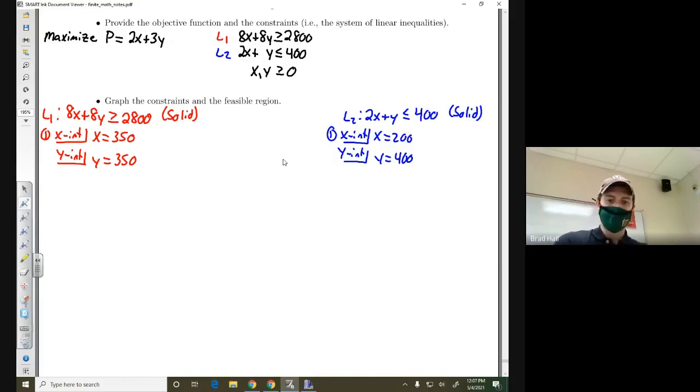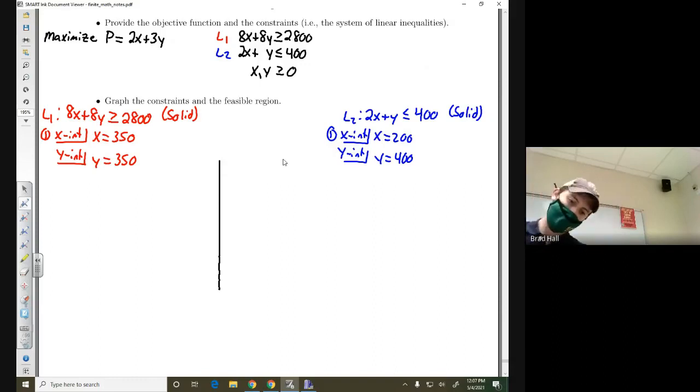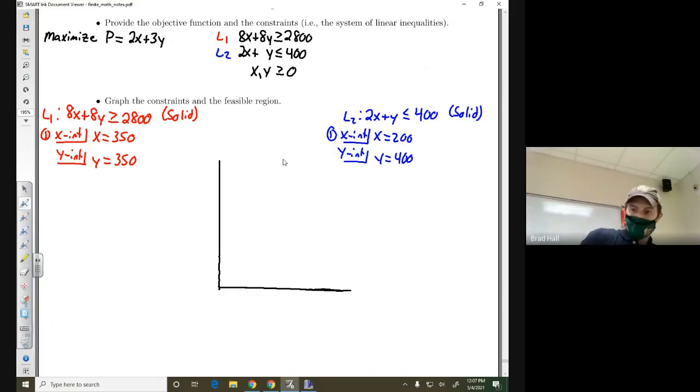So now that we have the intercepts, we can draw this thing. I know that the upper bounds, or I'll make the upper bounds the largest intercept, which is 400.